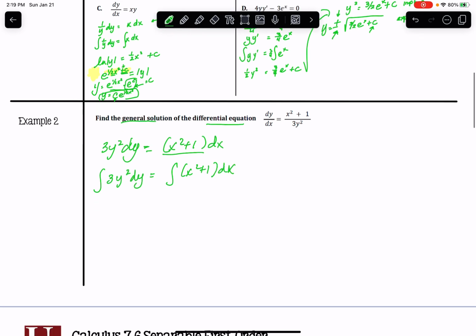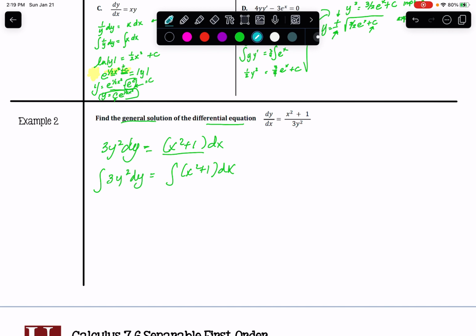Take the integral of both sides, right? And now this would be a good reason to keep that 3. Look what happens. If I integrate 3y squared, I get 3y cubed over 3, so I end up with y cubed plus c, but we keep the plus c over the other side, equals, and then when I integrate x squared plus 1, don't freak out, you just do the x squared and you do the 1, so that would be 1/3 x cubed plus x plus c.